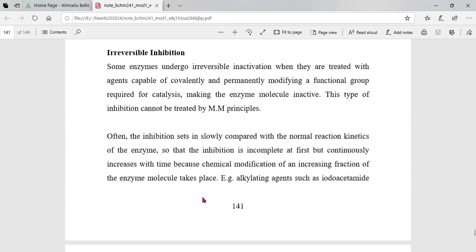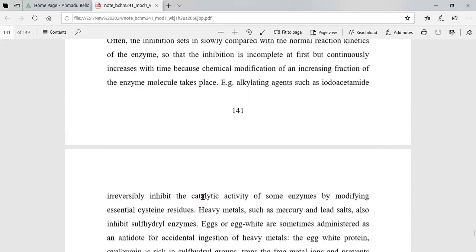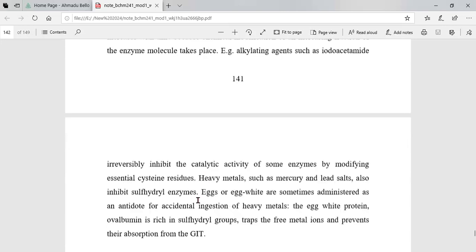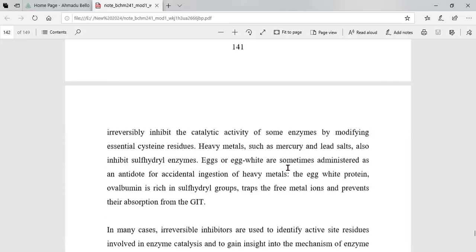For example, an alkylating agent such as iodoacetamide irreversibly inhibits the catalytic activity of some enzymes by modifying essential cysteine residues. Heavy metals such as mercury and lead salts also inhibit sulfhydryl enzymes, right? For example, eggs or egg whites are sometimes administered as an antidote for accidental ingestion of heavy metals.